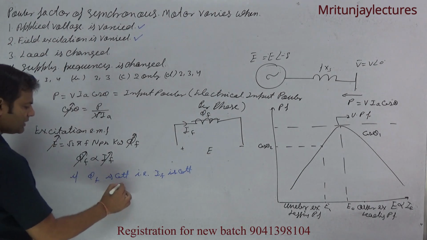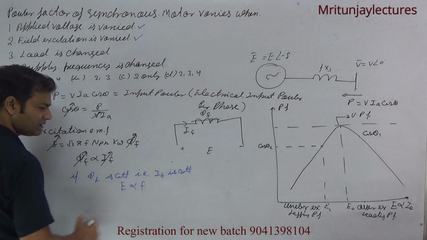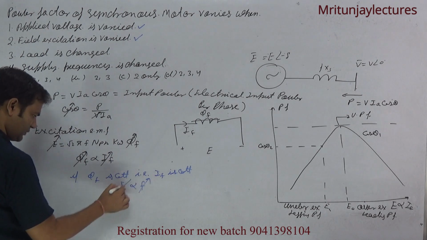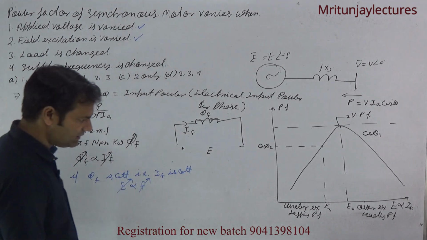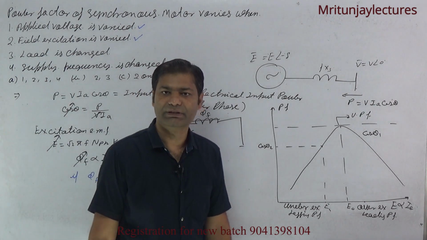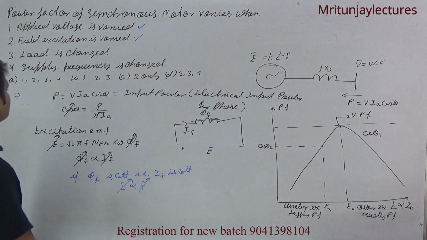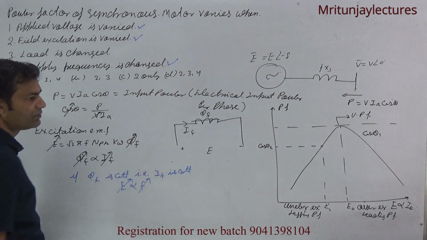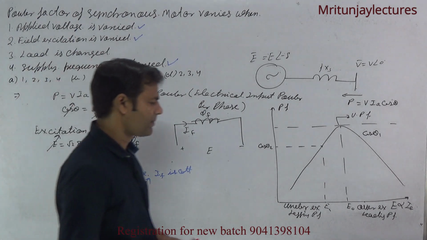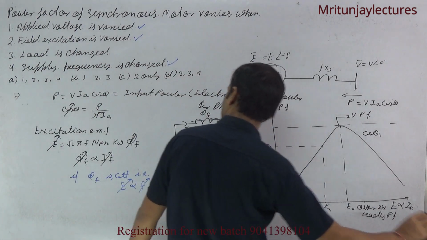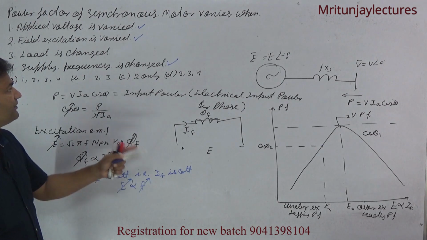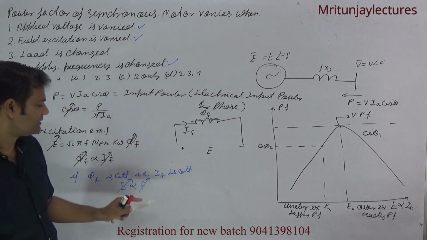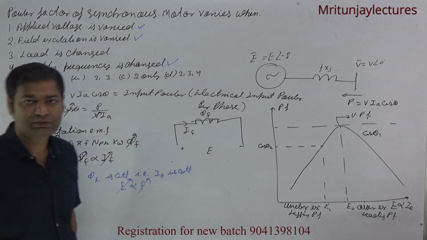Then what about E? E is proportional to frequency. It means if frequency is changed, then excitation E is also changed. So the fourth option is also right. Clear? If supply frequency is changed, then excitation EMF also changes.